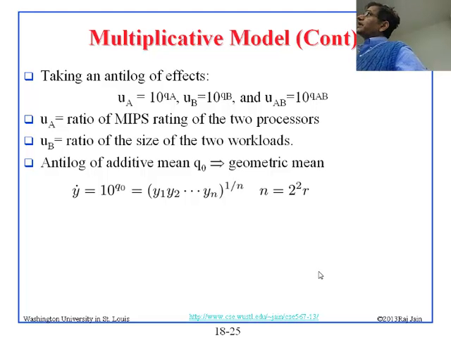Once you get the multiplicative model, you take the antilog and you get the effects, and then you start talking about the geometric mean, because your q0 is the effect before the antilog. After the antilog, whatever I was adding is multiplying.